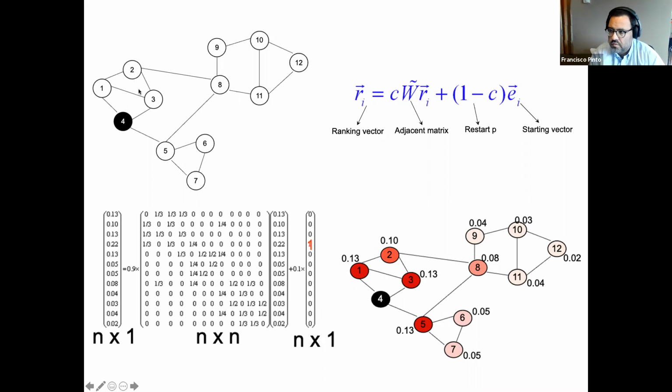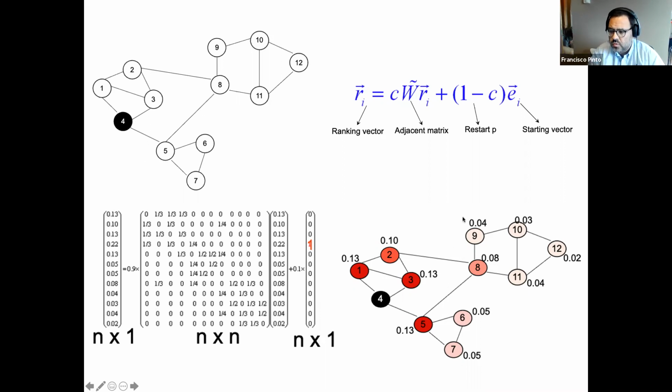In each time step, you have 50% chances of getting back to 4 and 50% chances of visiting a different node. In this way, you can perform the random walks with restart and count how many times each node is visited along the random walk. And that probability of a node being visited in a random walk with restart is a measure of how that other node is related with the original node.